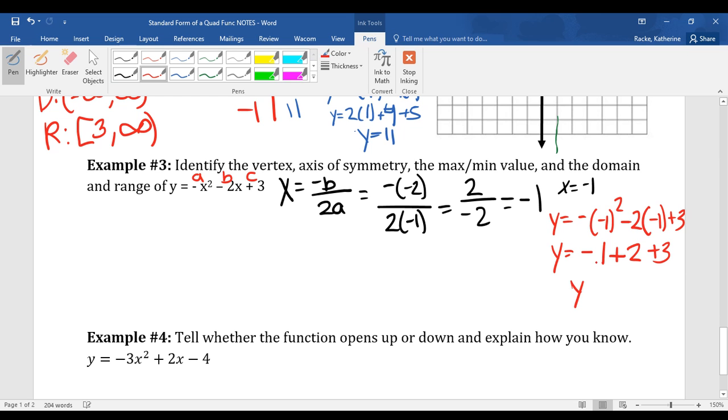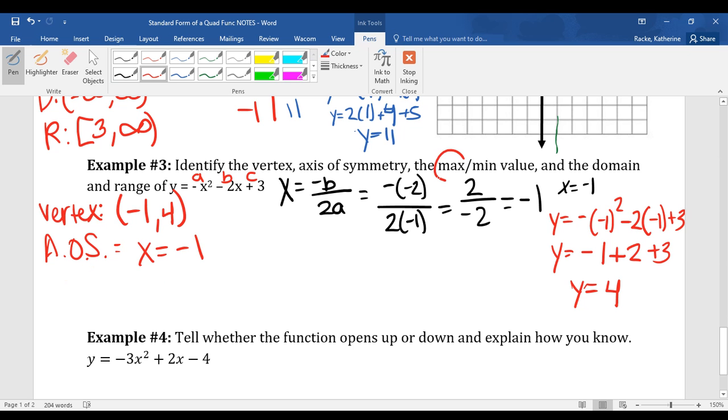So y is going to equal negative 1 plus 2 plus 3 to give me 4. So our vertex point is negative 1, 4. Okay, now our axis of symmetry is x equals negative 1.